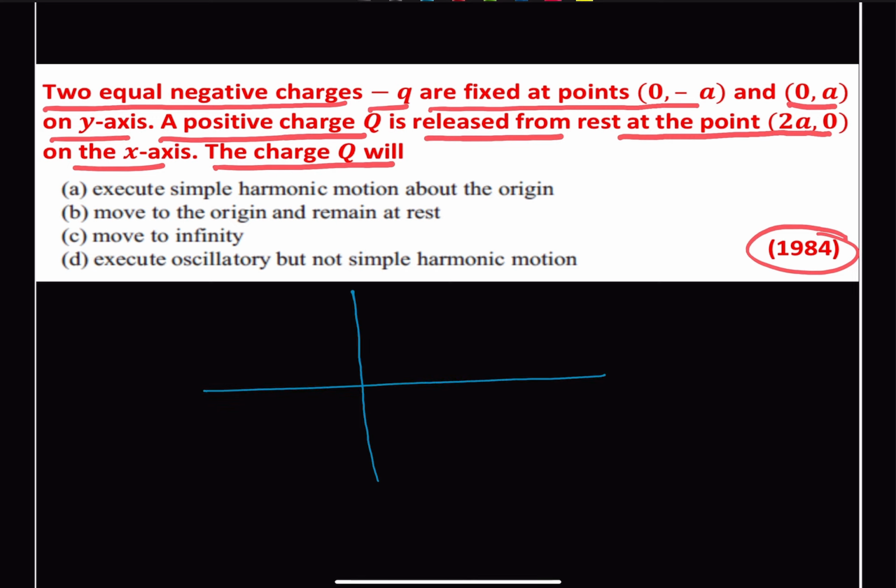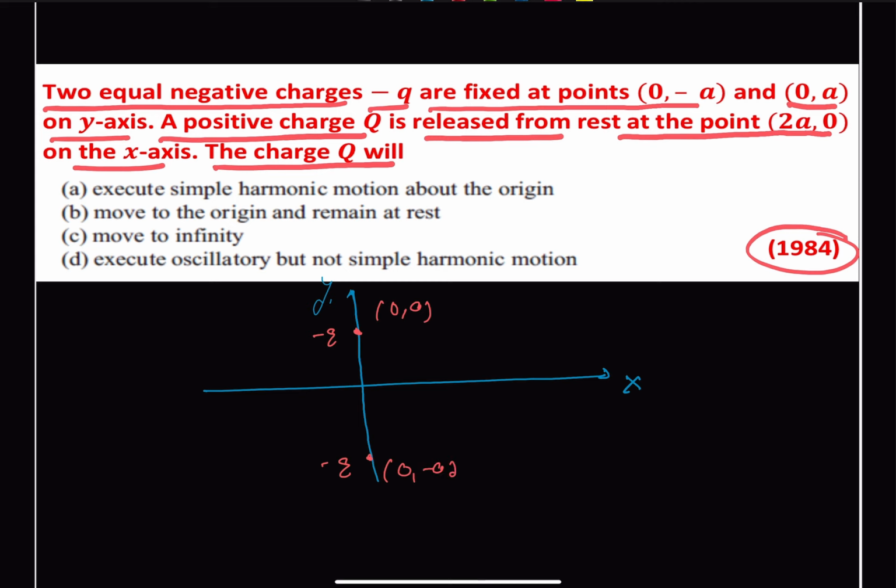So we have our x-axis and this is our y-axis. We have two charges, minus q at 0, a. This is also minus q, but at 0, minus a.